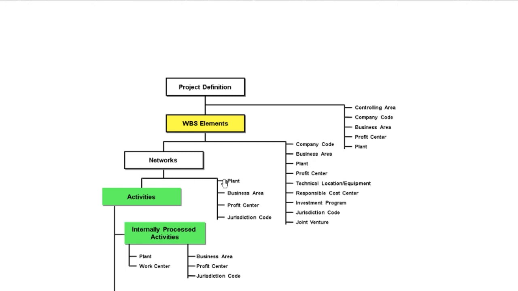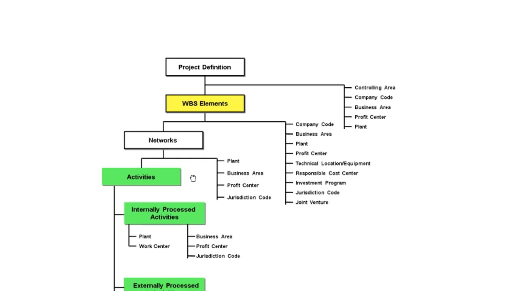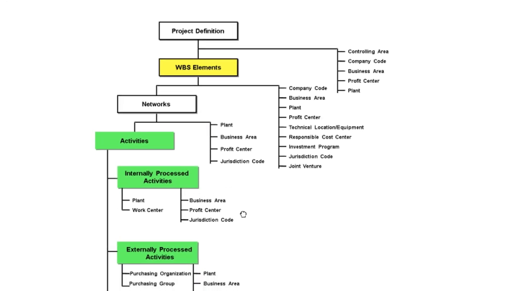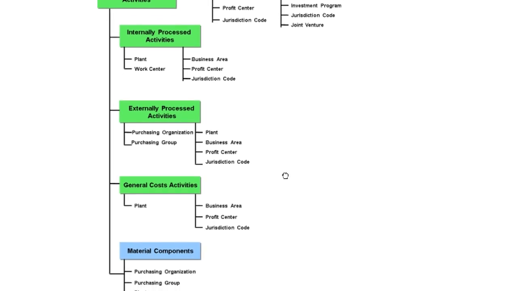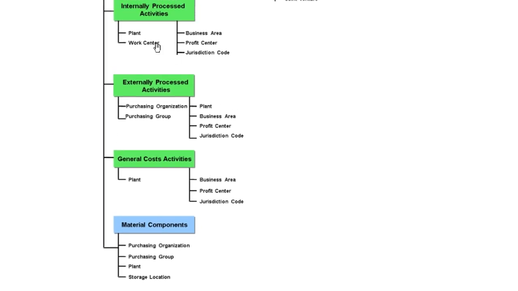And in the networks, we'll have plant, business area, profit center, and jurisdiction code. And in the activities, according to the activity type, different organization structure fields are assigned to each activity type. Once we select internally processed activities, these fields are visible with respect to organization structure.